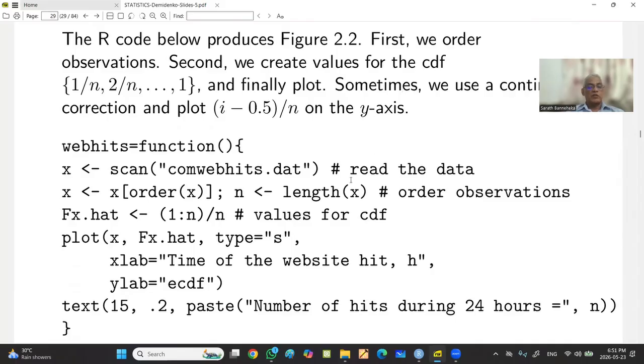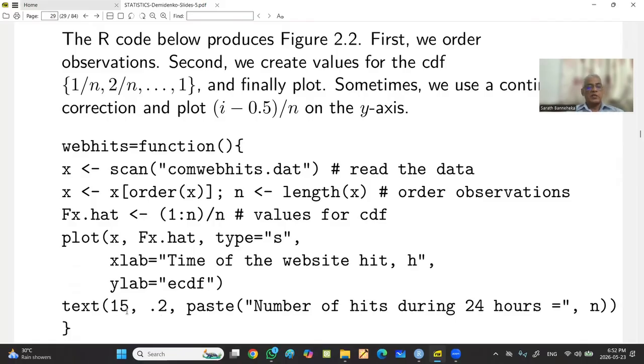And then it wants the Y lab, the Y axis, to be labeled as ECDF. In addition to that, this is not necessary, but here it is explaining how to get some other text content. If you want, in the middle of the graph somewhere, you can use the function text. And then you have to specify where you want it. So this is the middle point of that text, right?